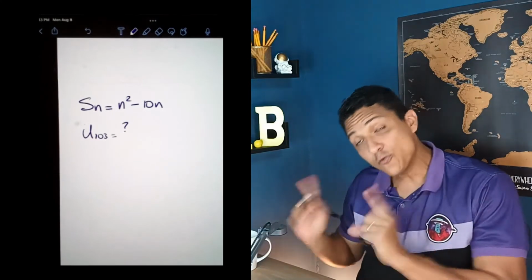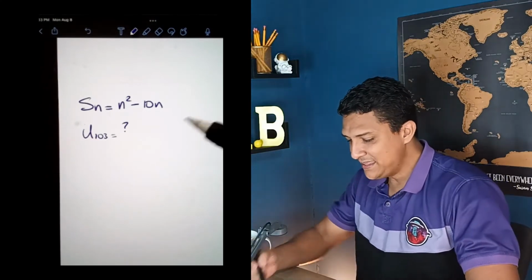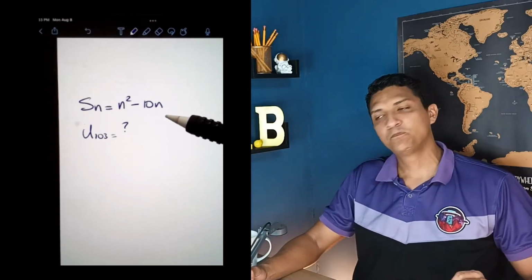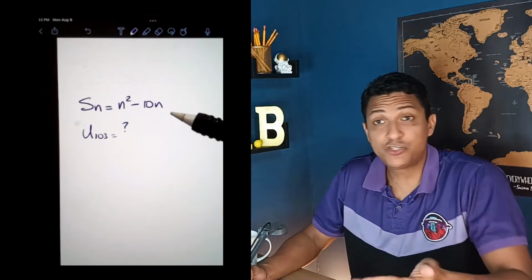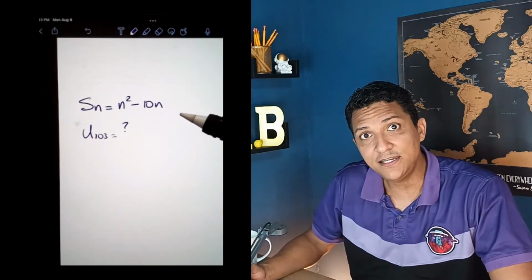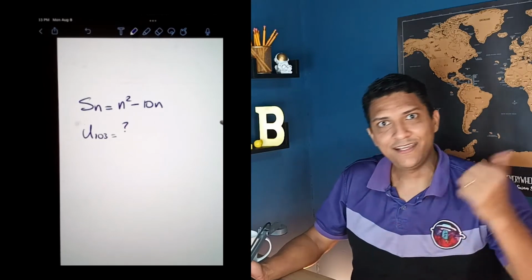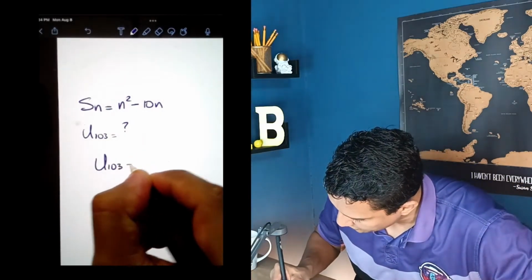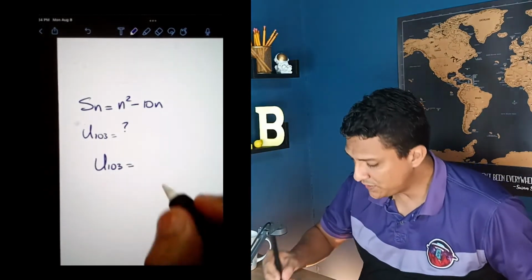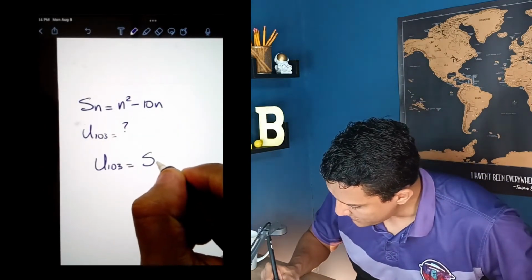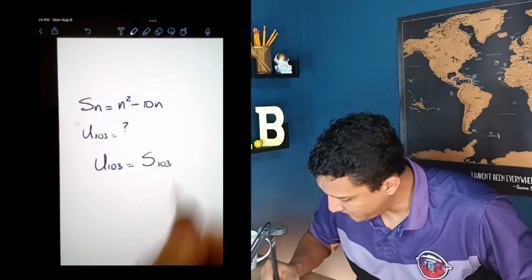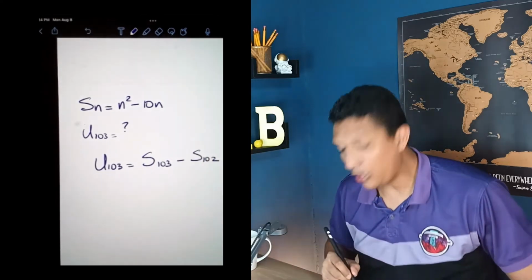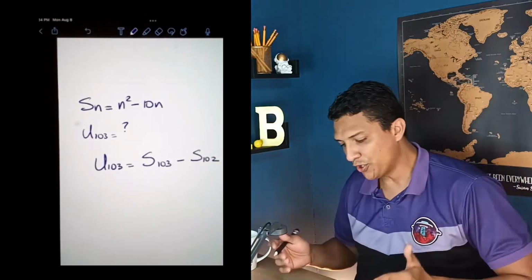I can find the sum of all the values by just replacing the position I am interested in. If I want to find the 103rd term, I need to find the sum until that term, and then subtract the sum until the term before it.